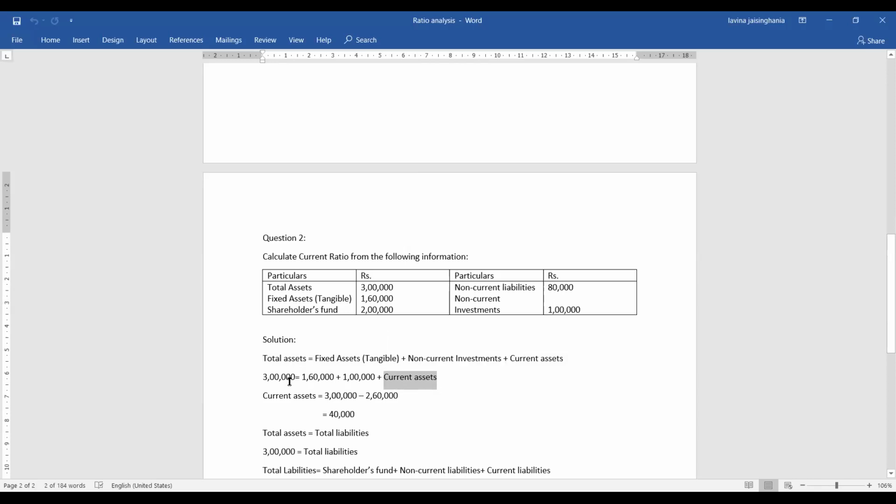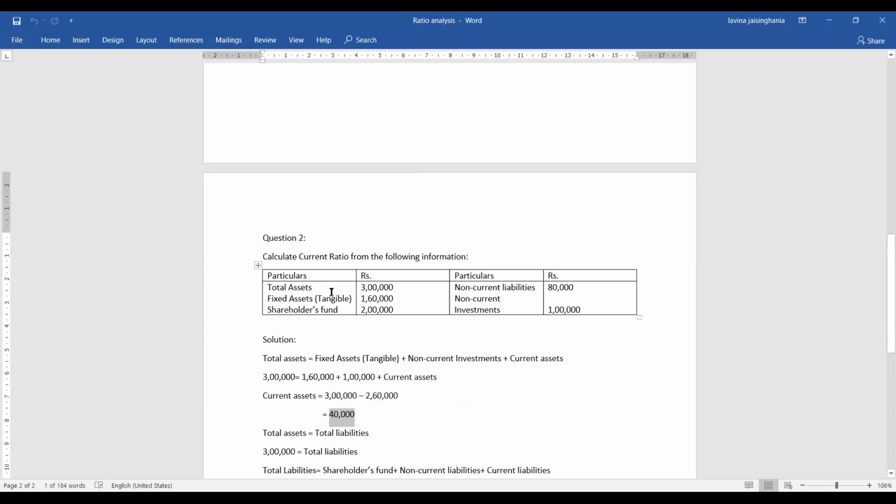You can write down 3 lakh here as total assets, then fixed assets, then non-current investment, and the rest, which is the missing figure, you'll get as current assets. Now adding 1,60,000 plus 1 lakh will give you 2,60,000, and 2,60,000 subtracted from 3 lakh will give you 40,000. That means your current assets are 40,000. I hope this is clear.